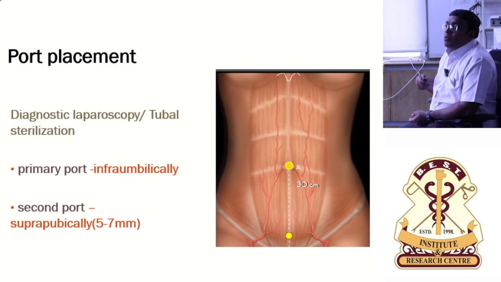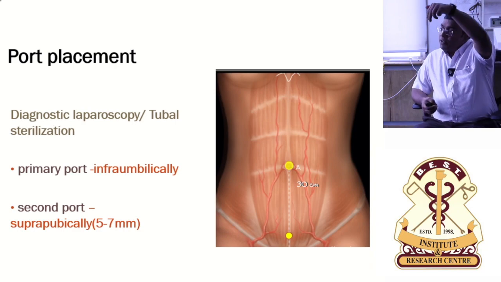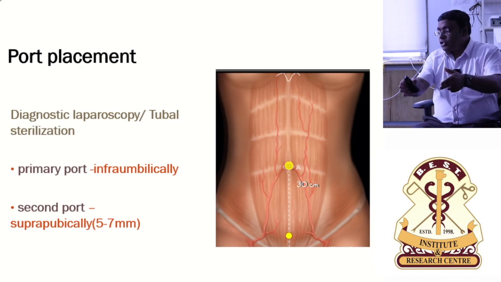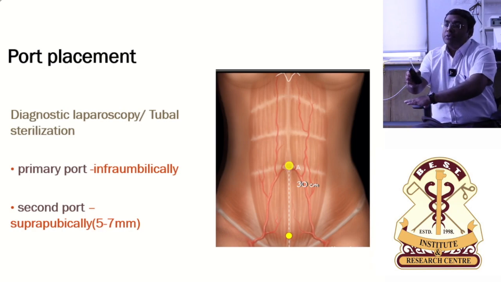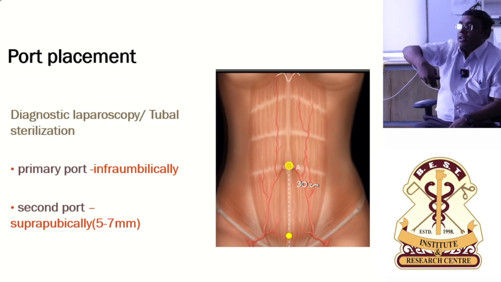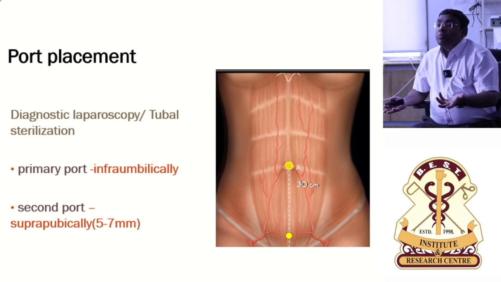Since we want all our energy sources to come from above, we don't want ipsilateral, because when your energy instrument is coming from the side, you have the rectum and bowel loops adjacent to each other. Whereas if your trocar is coming from the suprapubic area, it is only the uterus or the organ of interest that is there. There is no bowel loop.